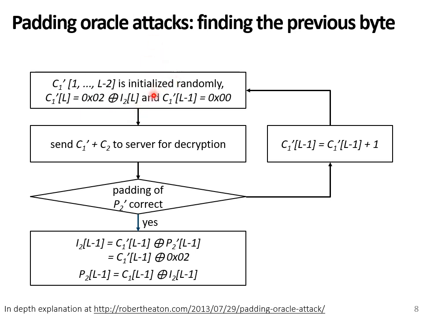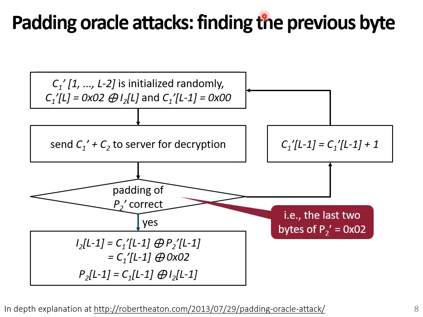Now we will repeat the process by iterating over all possible values for the previous to last byte of C1-. This will be repeated over and over, starting with value 0, 1, 2, and so on, until P2- has correct padding. Since we know for sure that the last byte was set to 02, the padding is 0202. So we now know that the previous to last byte of P2- equals 02.